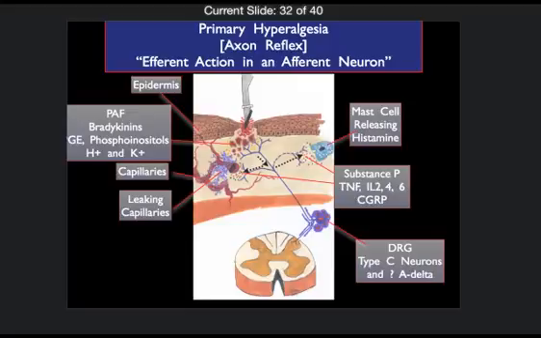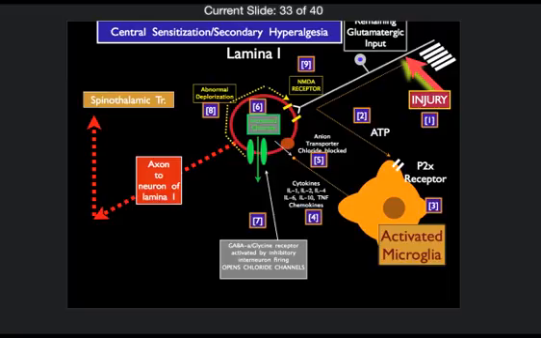The mast cells respond to substance P and CGRP by releasing histamine, and that is supposed to be a theoretical and in part verifiable mechanism of primary hyperalgesia that continues after an injury that really does not have, from the point of the theory, injury to the nerve.